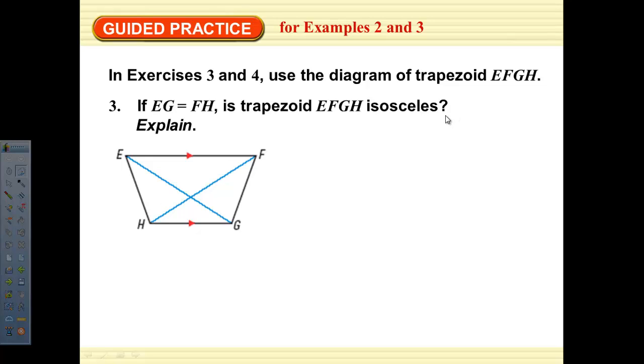And to explain, one of the properties of an isosceles trapezoid is that the diagonals are congruent. So since the diagonals are congruent, we can say that this is an isosceles trapezoid. Don't say theorem 8.16. Say yes, because it's a trapezoid with congruent diagonals.